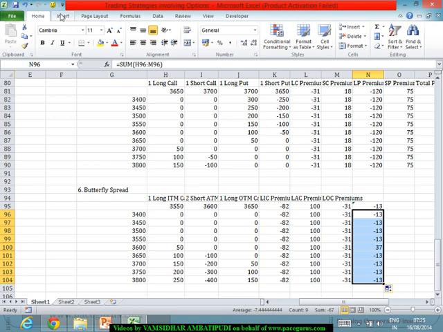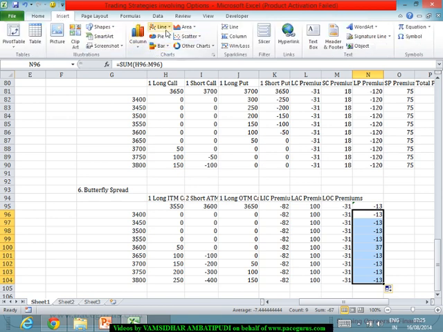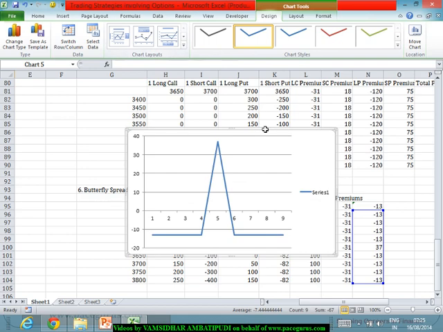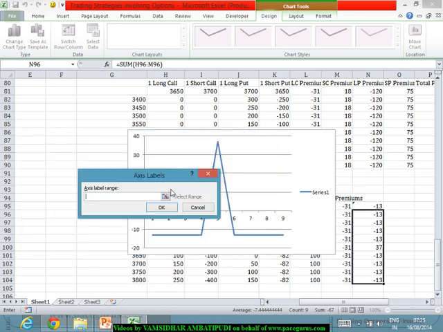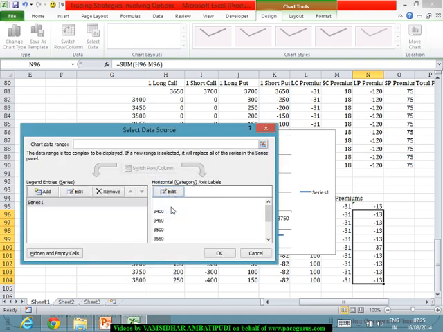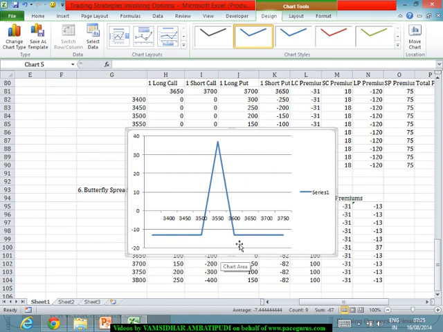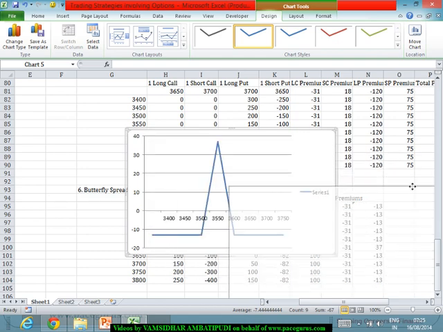So if I am actually plotting a graph for the same, it's showing something of this form, which is a very clear-cut message that during a very small interval, just below 3,500 and just above 3,600, that's the only range in which we can really make profit.